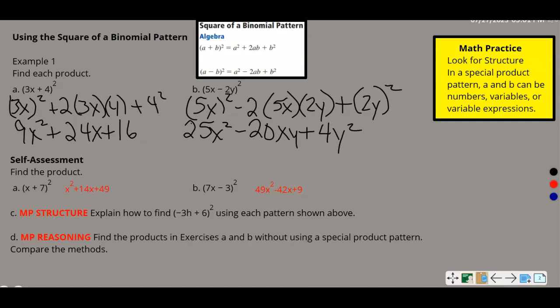It's not as quick, but you still get the exact same answer. So when it says compare the methods, they are slightly different, but you get the same result. Hopefully you got those and you are feeling comfortable with the square of a binomial pattern.